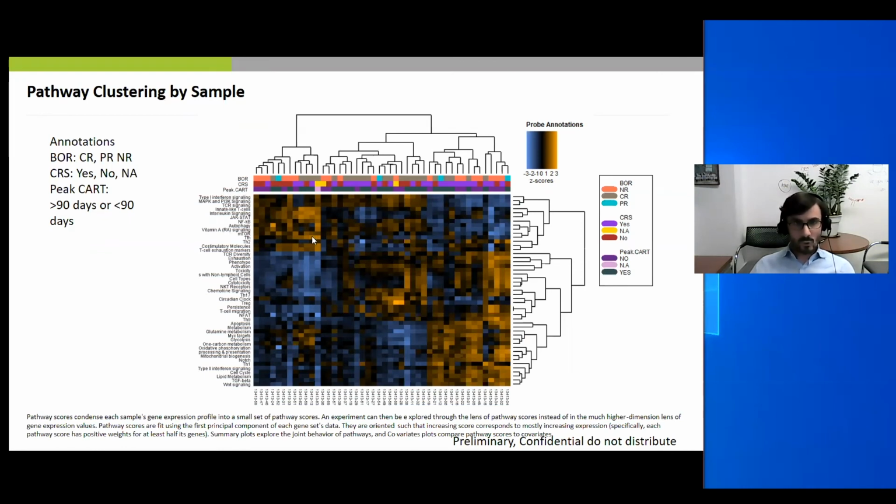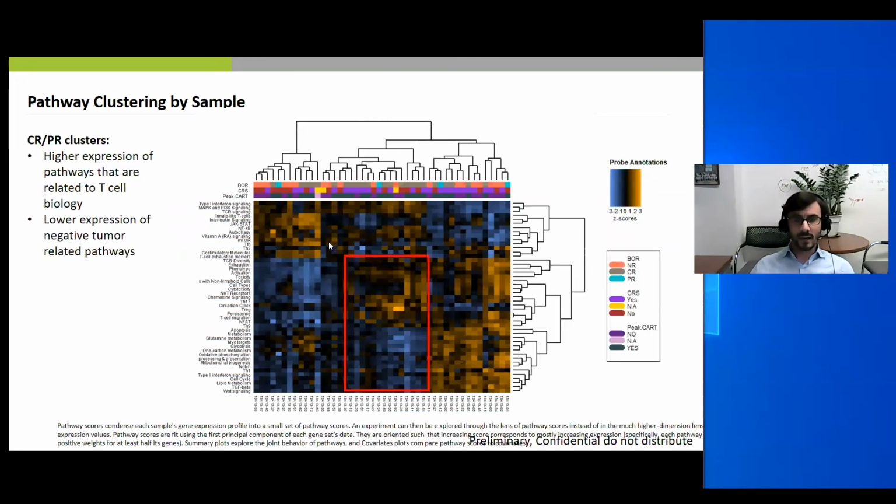If we look at this data, we can see that there is a group of patients that cluster all together here, which is characterized by mostly complete remission. As you see here, there are a couple of non-responders, but the vast majority is complete remission. They do have CRS, and they tend to have a longer CAR persistence.